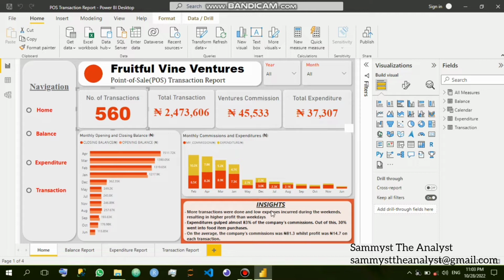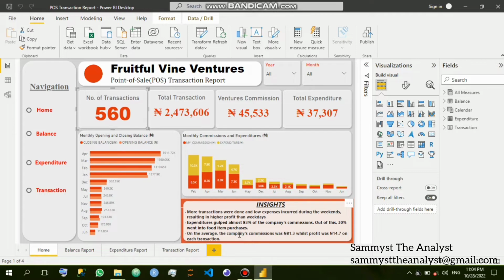Now what are some of the insights we could derive from this visual? More transactions were done and low expenses incurred during the weekends, which results in higher profits than weekdays. As we go across the tabs, we shall see more on this particular insight. Now expenditures got about 83% of the company's commission.